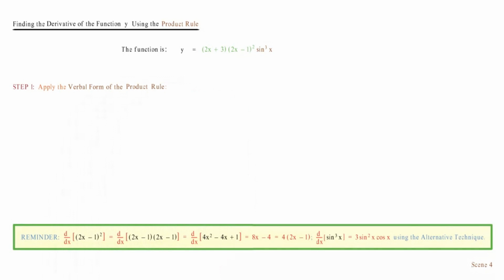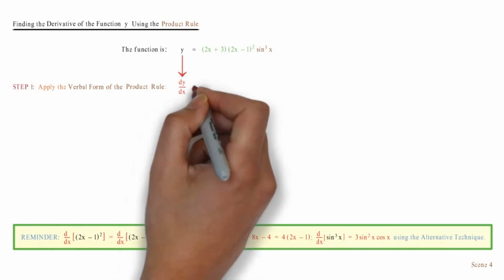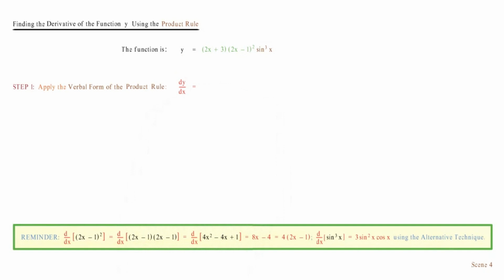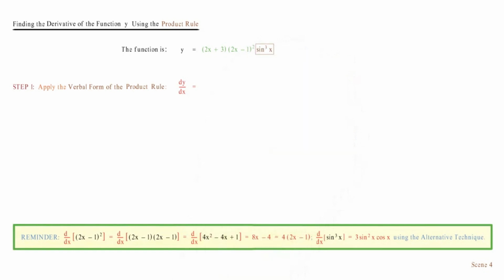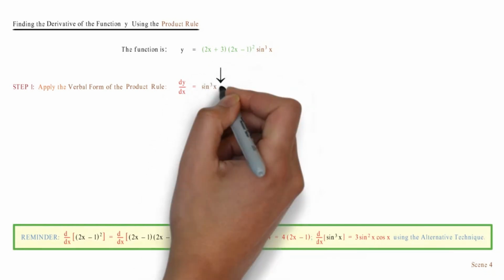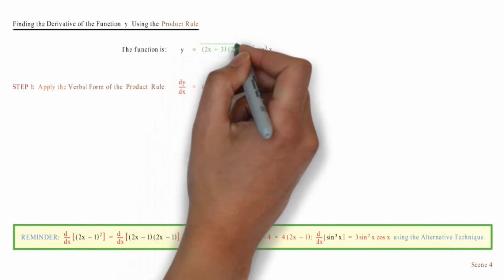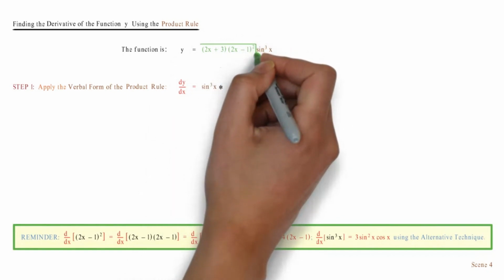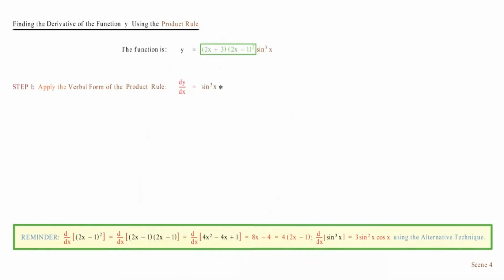The derivative of y, dy by dx, equals the second function, sine cubed of x, so substitute, times the derivative of the first function, which is the derivative of 2x plus 3 times 2x minus 1 all squared.